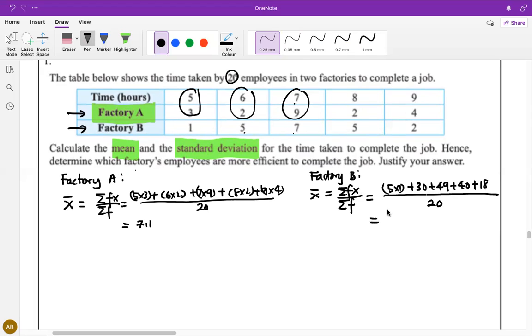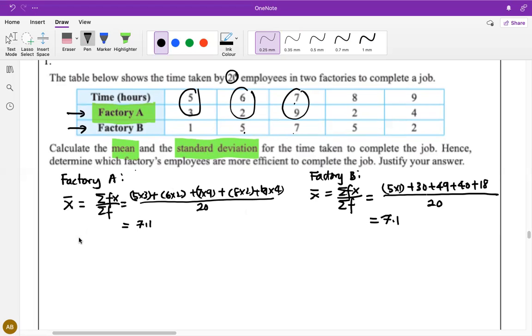So you divide 5 plus 30 plus 49 plus 40 plus 18 by 20, which is 7.1 also. So the mean is the same. The mean time taken to complete a job is 7.1, the same for both.